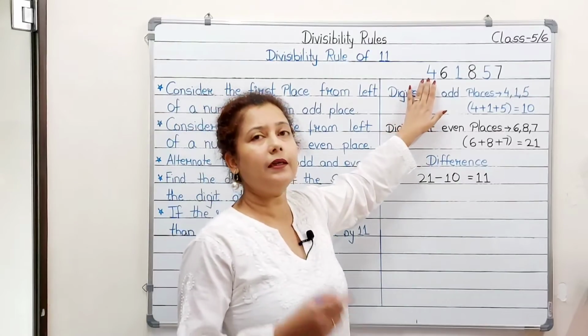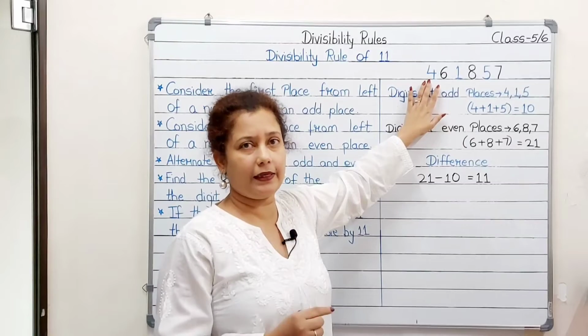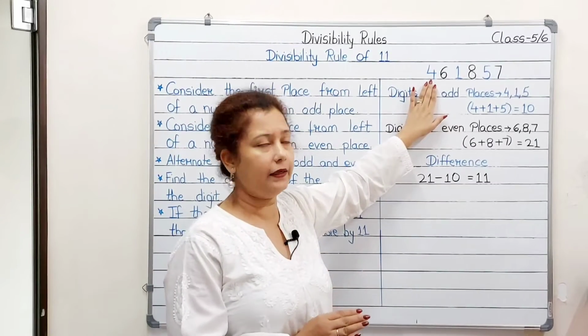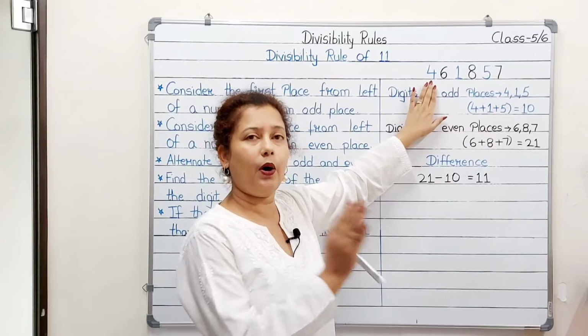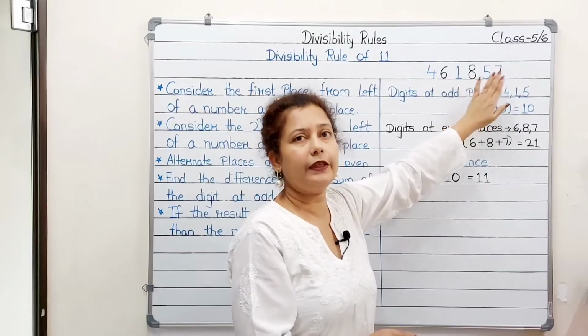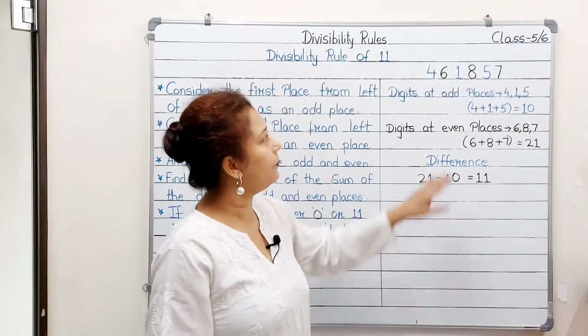So 1 is an odd number, so the first place from the left-hand side will be the odd place. The alternate places like first, third, fifth, seventh, ninth will be the odd places.